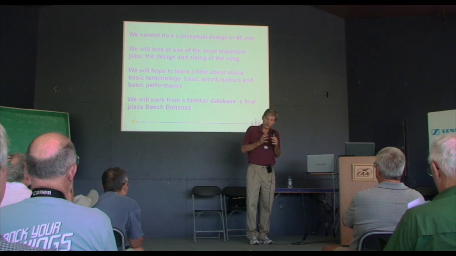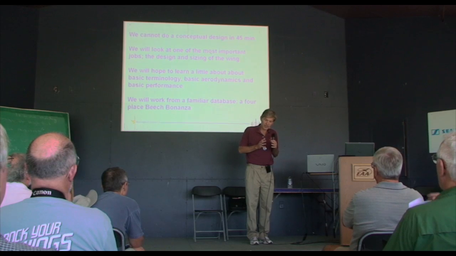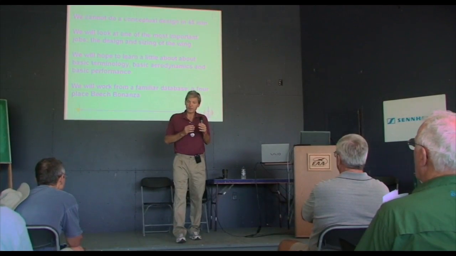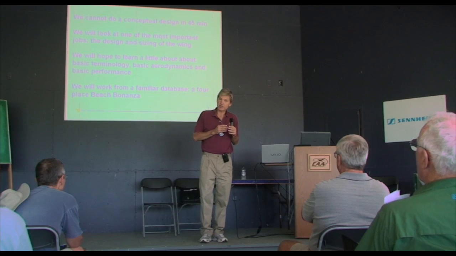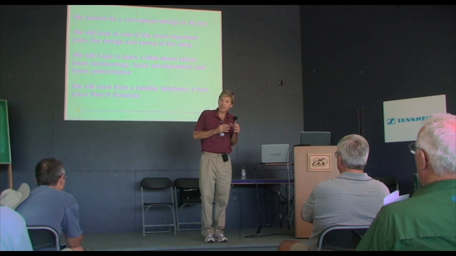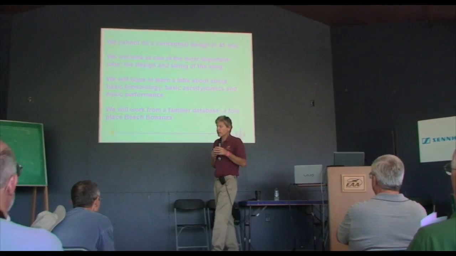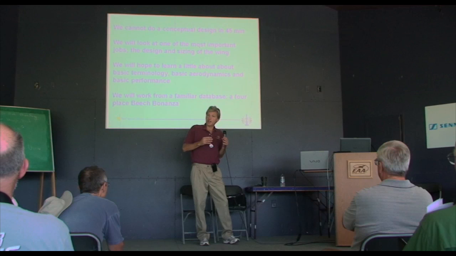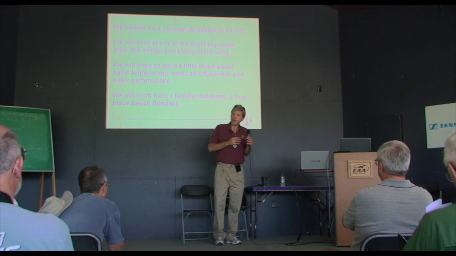Okay, so we're going to want to maintain the same useful load, that's our design requirement, and we want to maintain the same stall speed, and we want to maintain the same takeoff gross weight, which means we basically want to maintain the same takeoff performance, the same useful load or payload carrying capacity.